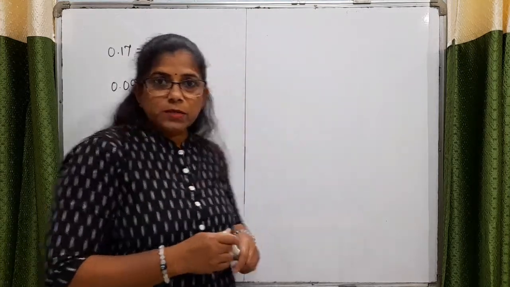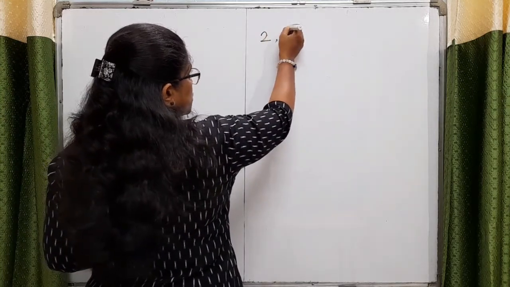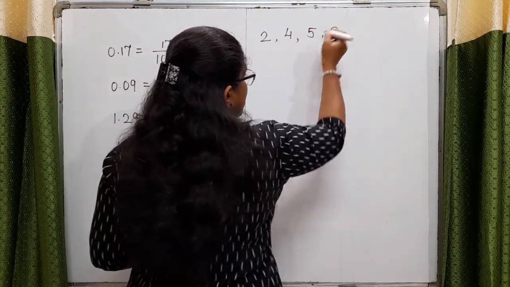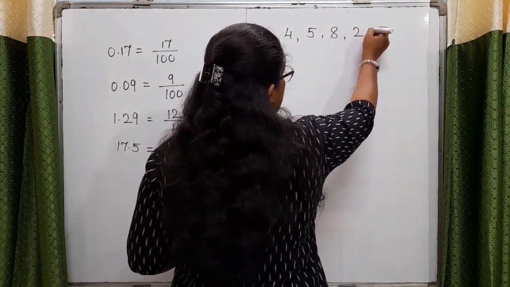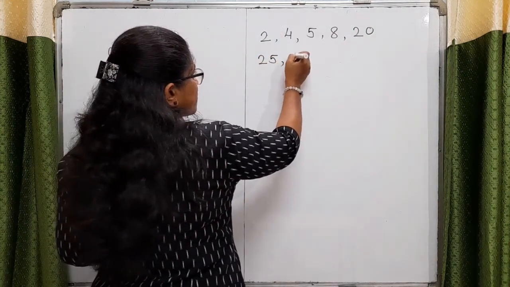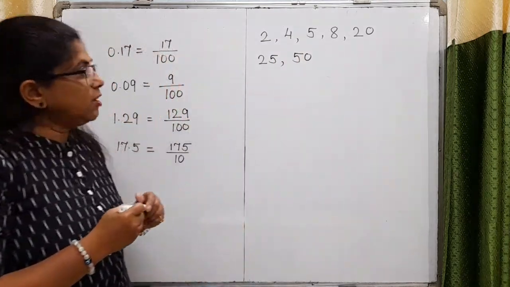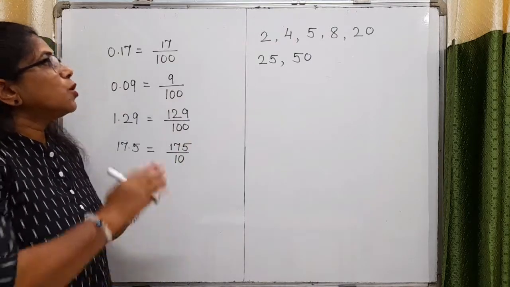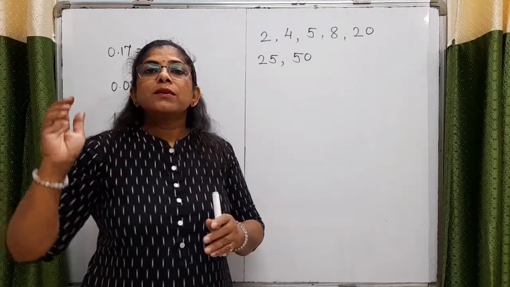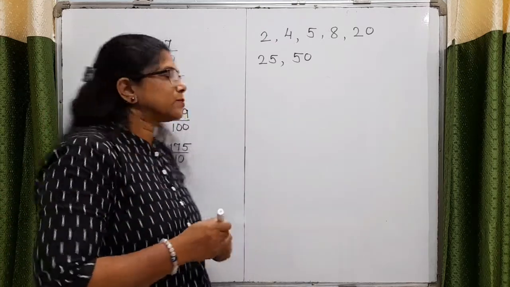If the denominators are 2, 4, 5, 8, 20, 25, 50, if denominators are any one among these numbers, we have to make it 10, 100, 1000 and then write the decimal part. Now how to do that?